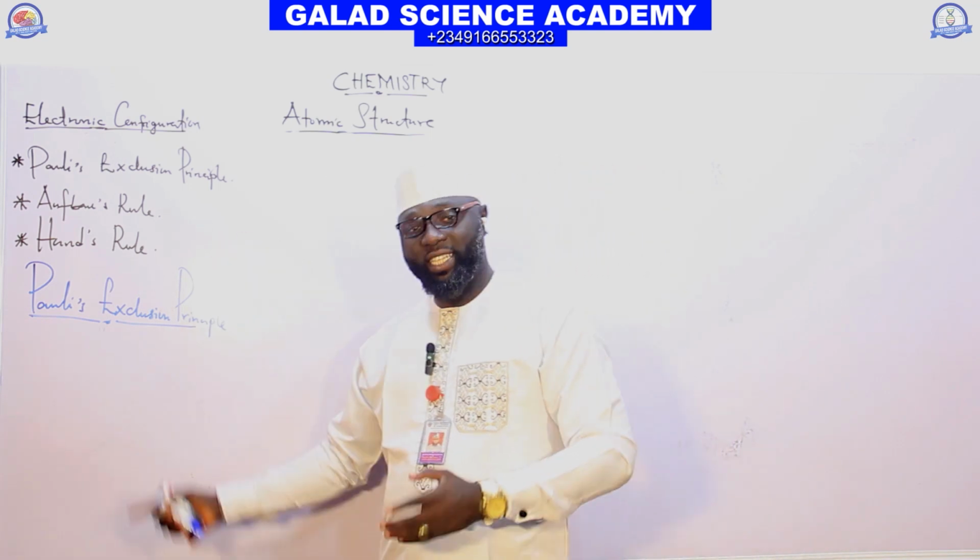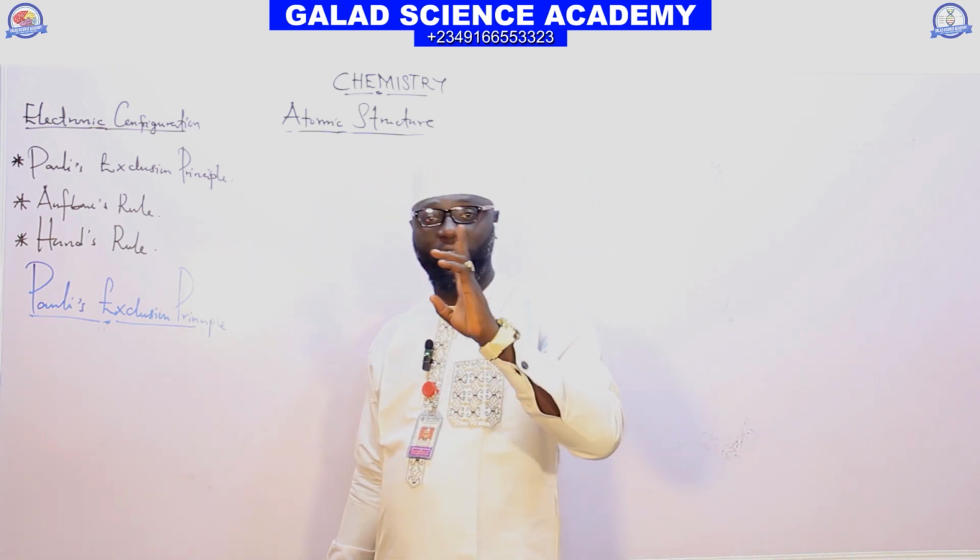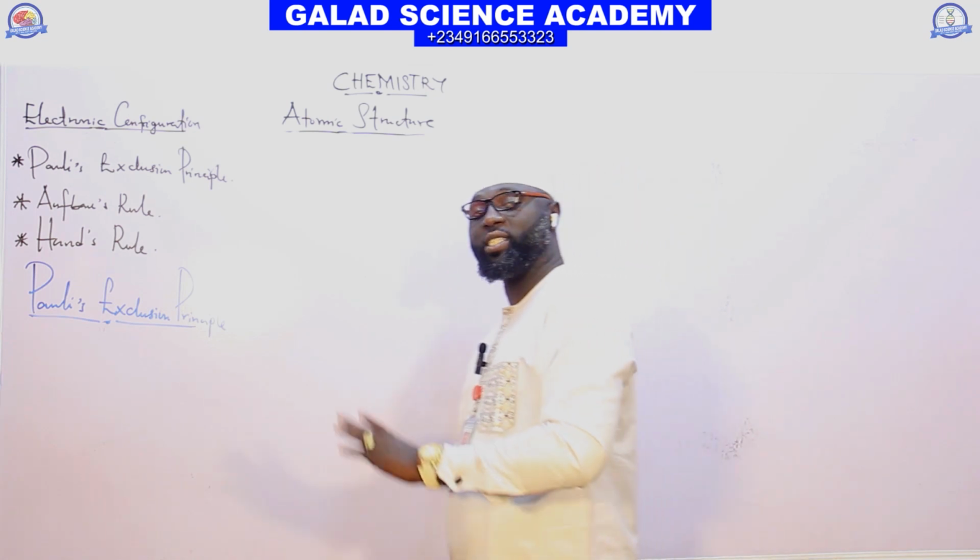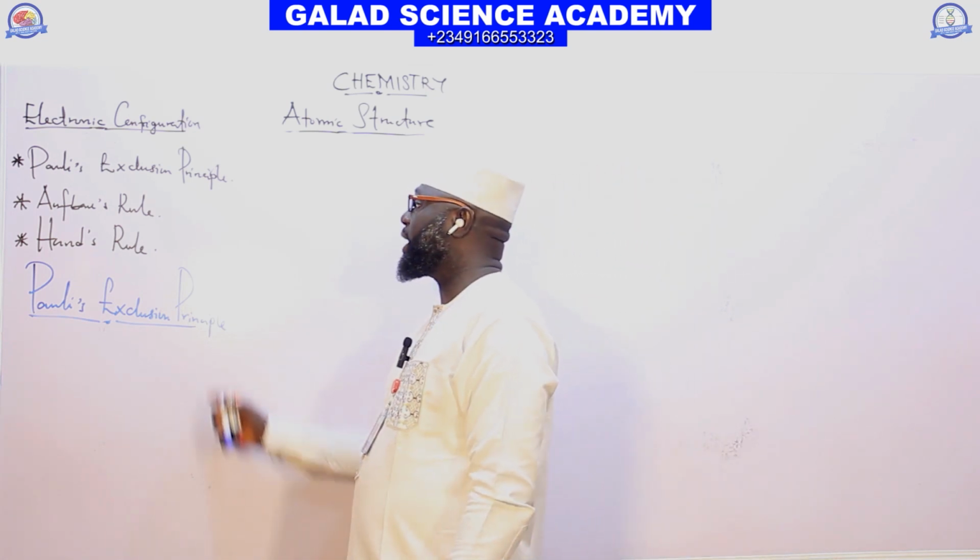This man said that it can never be possible for two electrons in the same orbit to have the same set of quantum number.